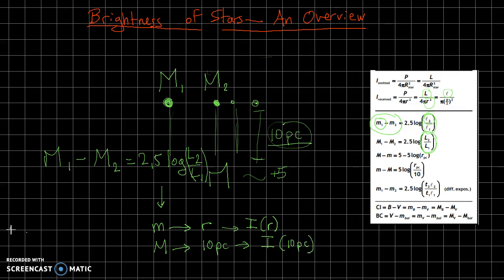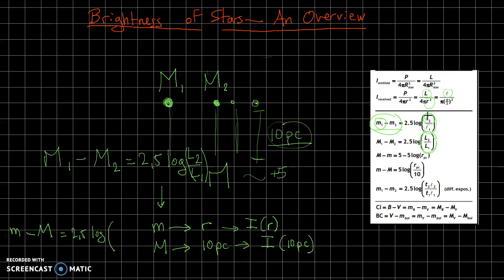So apparent magnitude minus absolute magnitude, taking this formula, replacing m1 by small m and m2 by big M, would be 2.5 times log of the intensity at 10 parsec.